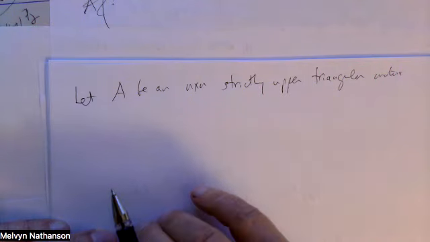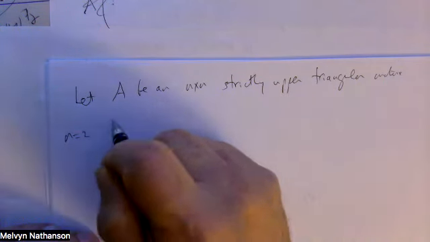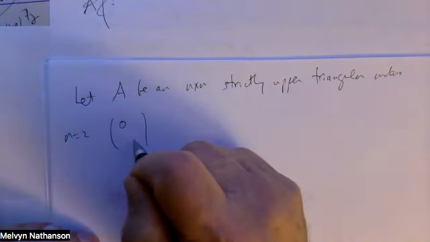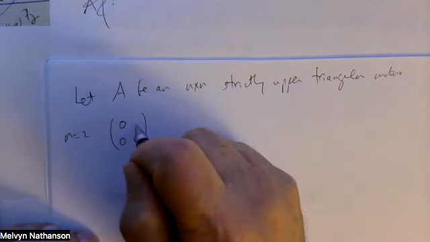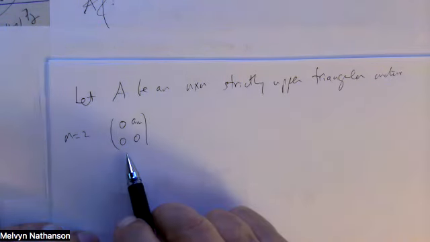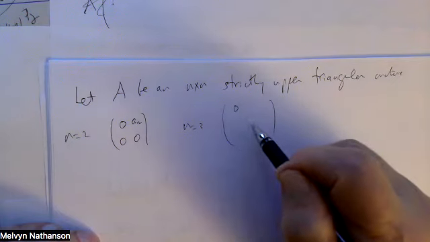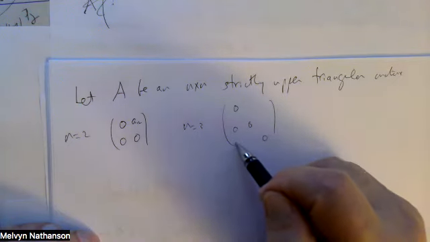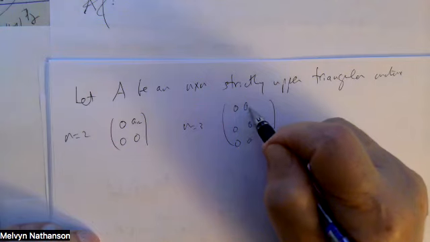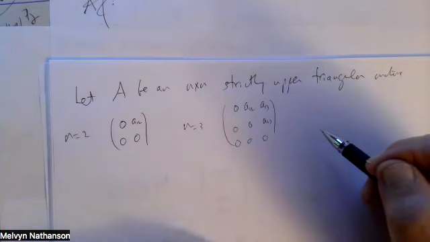It's only in the upper triangle that you might have a non-zero coordinate. So for n equal 2, your matrix would have zeros on the diagonal and below, and the only unrestricted coordinate is the number here, which is a12. That's what a strictly upper triangular 2 by 2 matrix looks like. For n equal 3, you have zeros down the main diagonal and below, and it's only these entries, a12, a13, a23. They could be 0, but they can be anything.